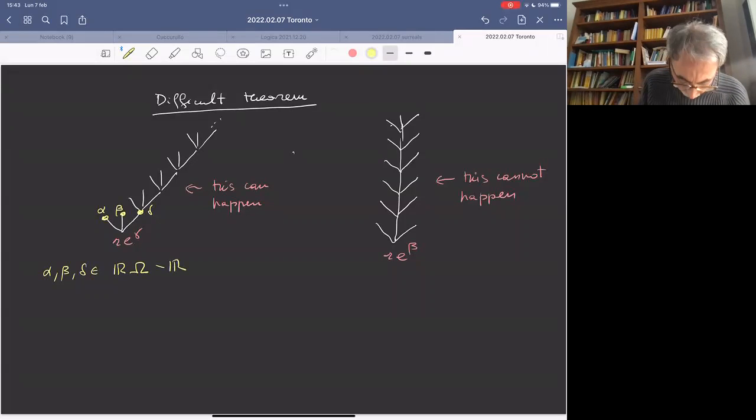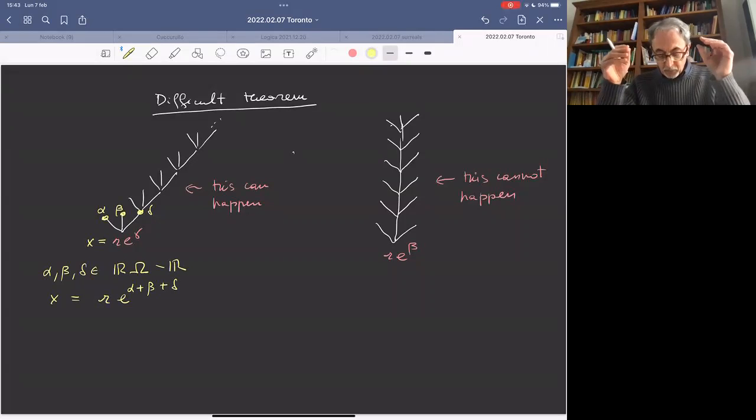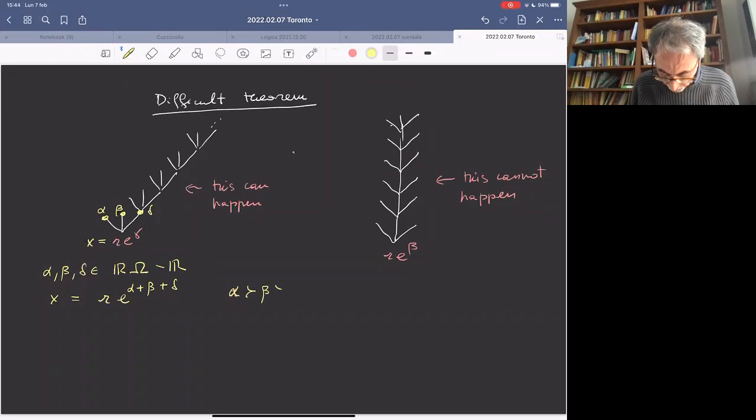This means that the root x is e to the alpha plus beta plus delta. And we are assuming that this is in normal form. So in particular, alpha dominates beta, which dominates delta, right? Because we always write the terms appearing in a sum in decreasing order.